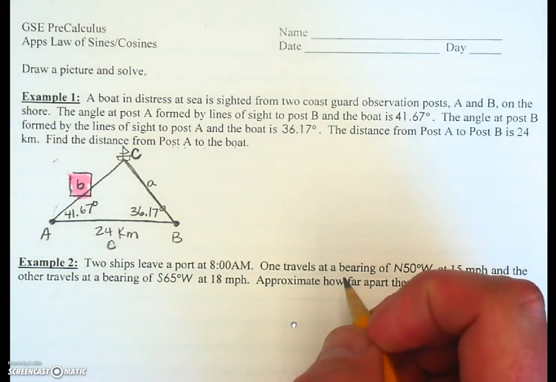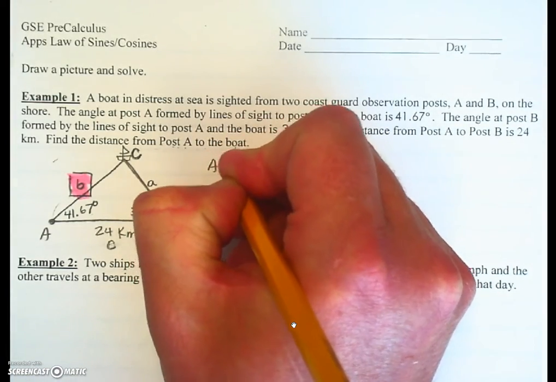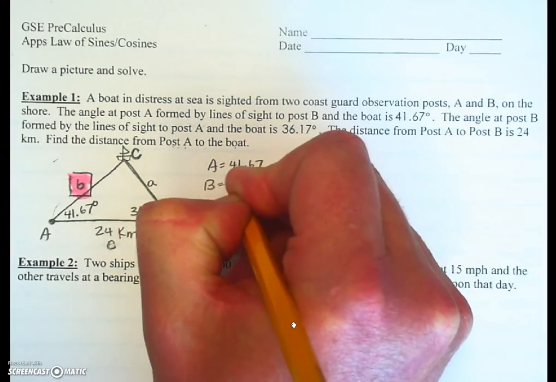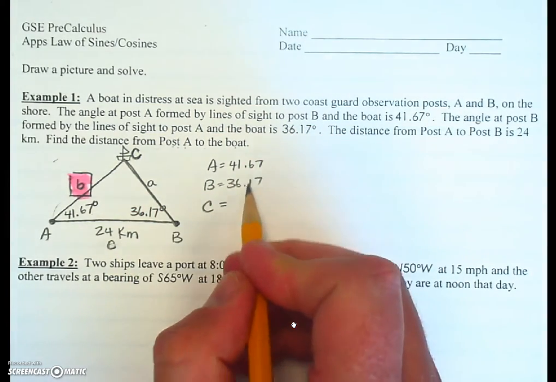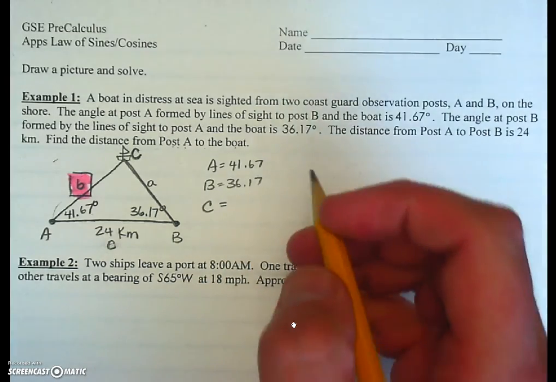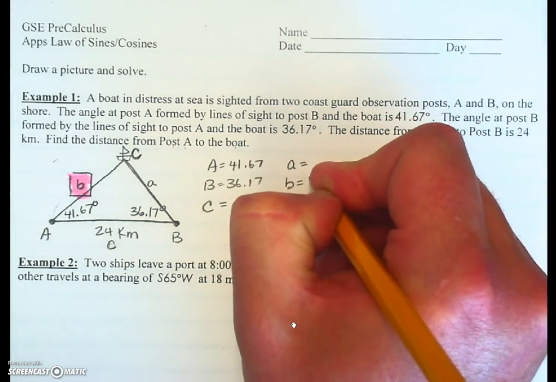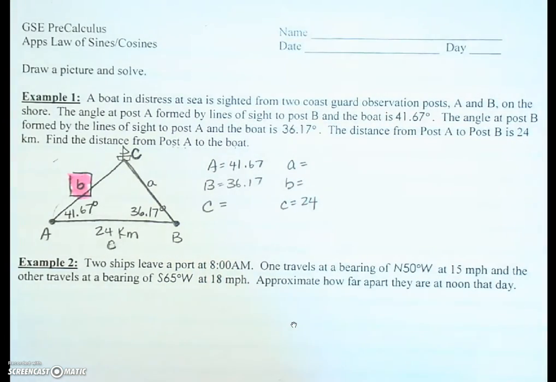So if we were to write this up like the problems you've been doing, we know that A is 41.67. We know that B is 36.17. Capital C we can find just by subtracting those from 180. Lowercase a we don't know. Lowercase b is what we want to find, and we know that lowercase c is 24.